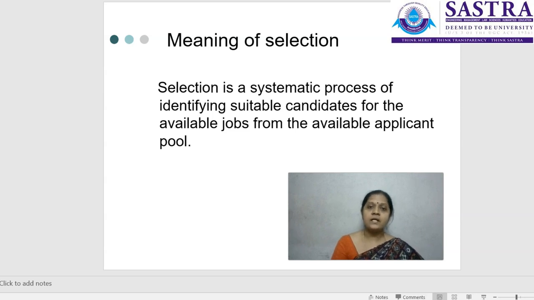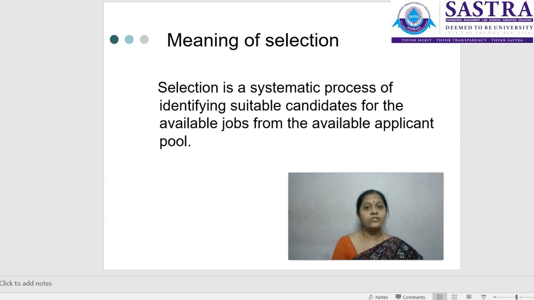The next one is that recruitment is comparatively easy, as it does not require any sort of expertise in conducting it. But selection is a somewhat difficult job, as it requires specialized knowledge and skills on the part of the selectors to choose the best candidates by predicting their likely performance.